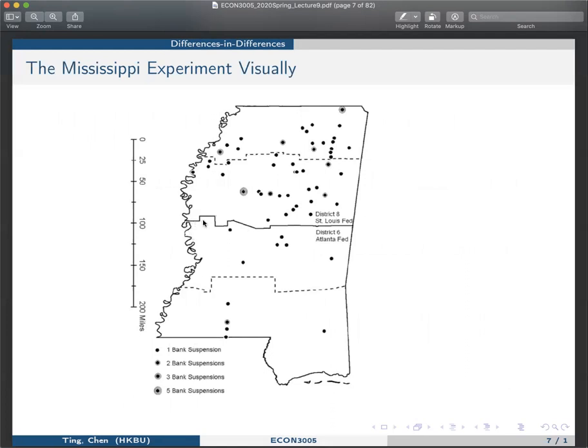This bold line draws the line between the areas under the jurisdiction of the 6th district of the Atlanta Fed, and above the line are those districts that belong to the 8th district, the St. Louis Fed.